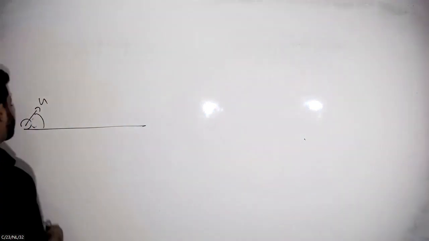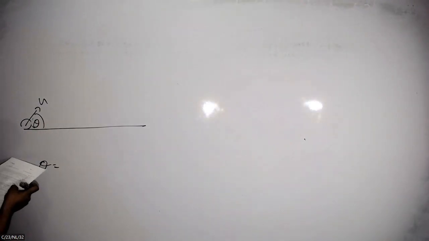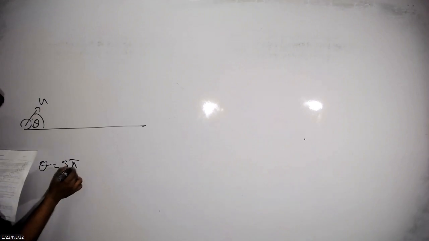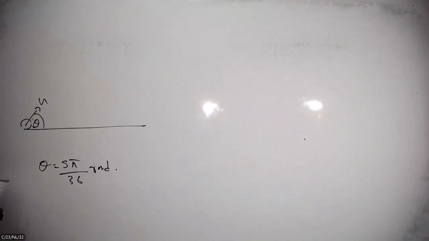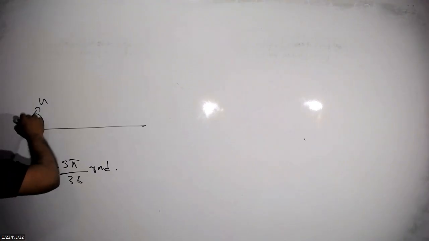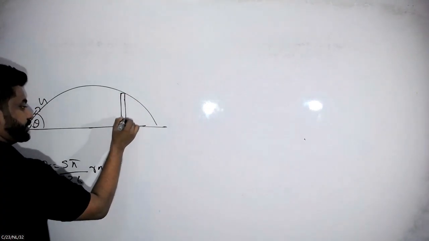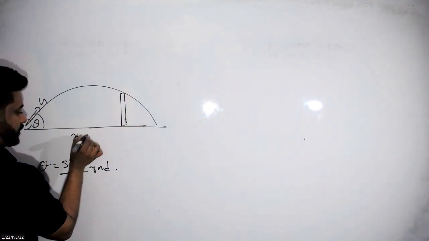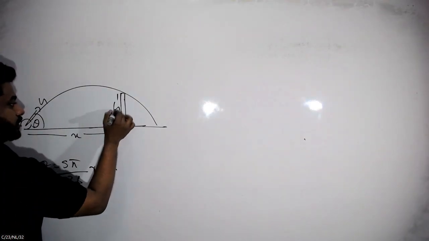Then this angle is given as theta is equal to 5π over 36 radian. Then they have given that this hill prevents the motion at this horizontal displacement x. Right?